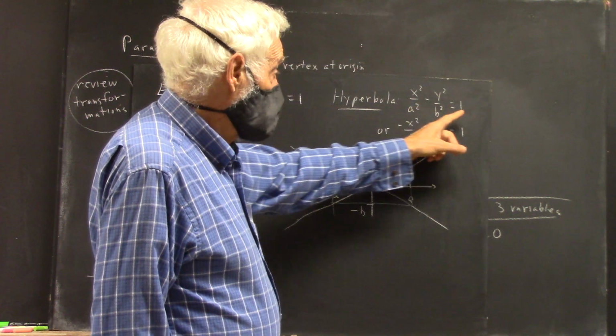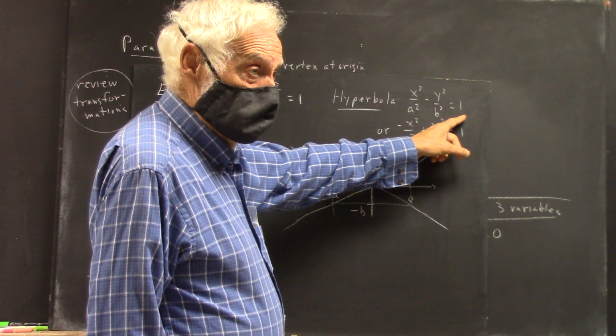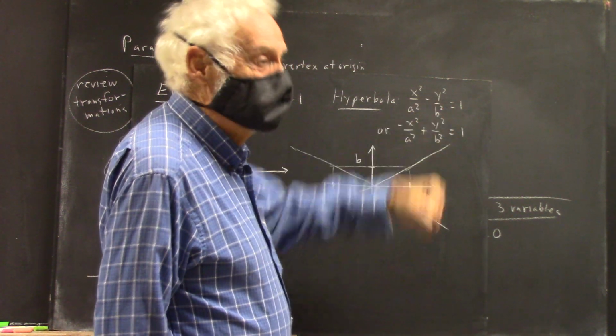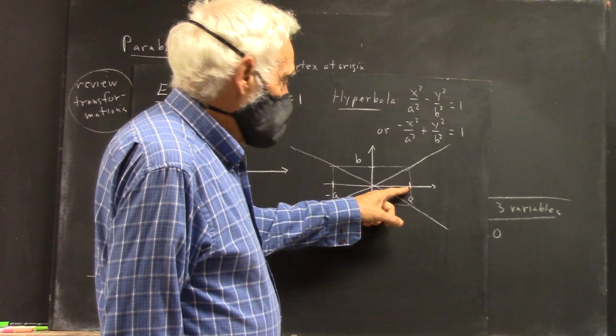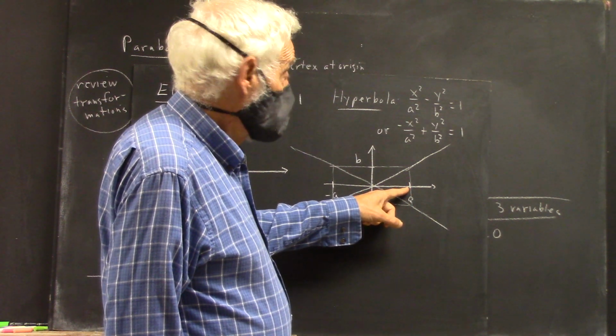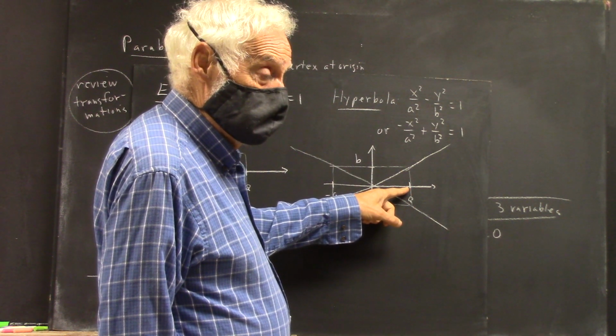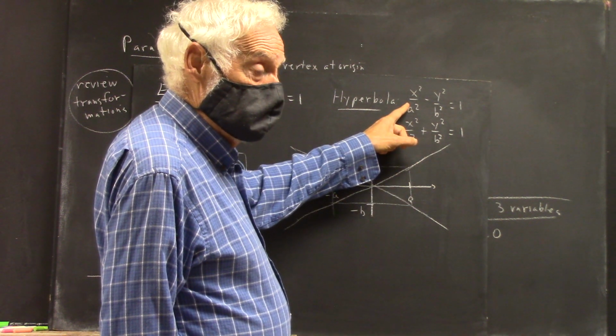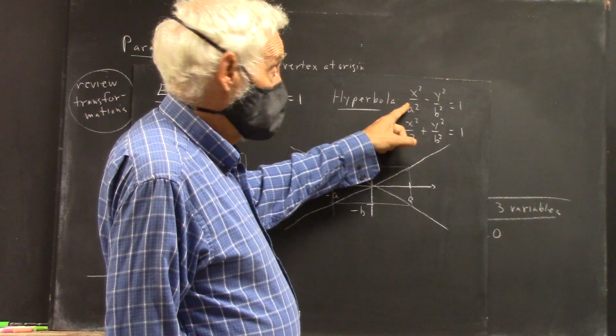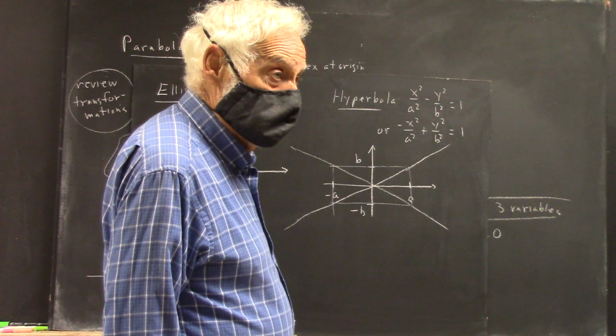You get -1 on this side, 1 on this side. Right. Now, if you substitute the coordinates of the point a, 0, what do you get on this side? Yeah. So that works, right?